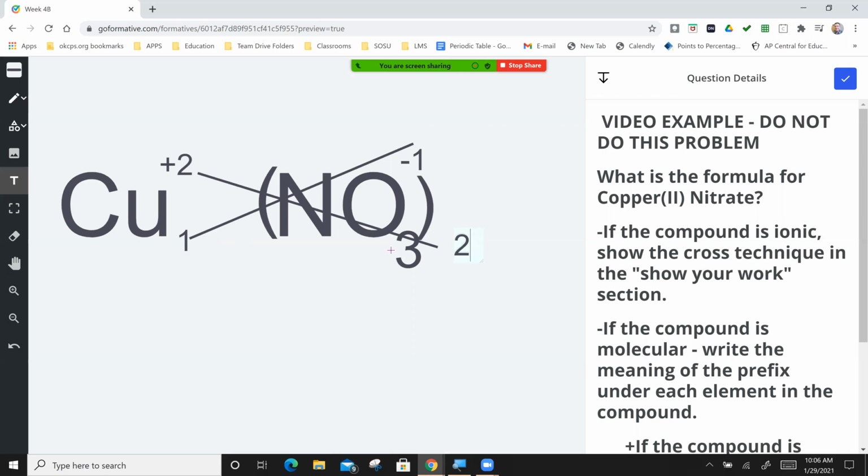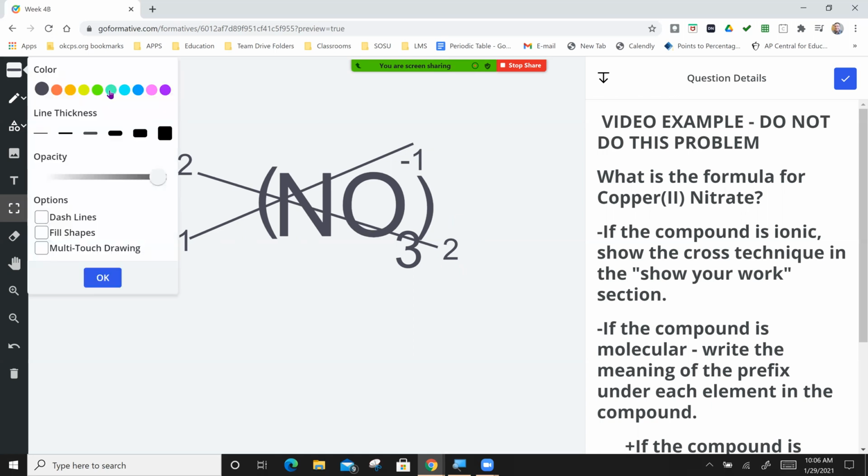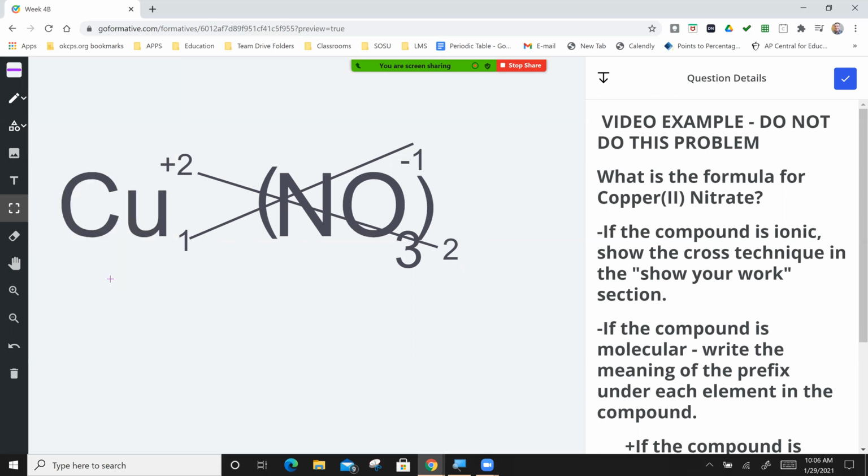All right. So we're not bringing the charge down here. We're just showing that we need a number here. And what we're doing is we're evening up the charges. So for instance, and you don't have to show this step, I'm actually going to erase it before I end this. But let's use this dark purple. If you take 1 times +2, you will get +2.